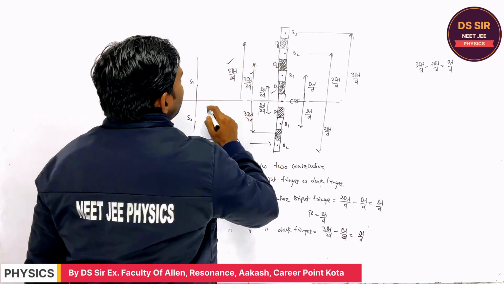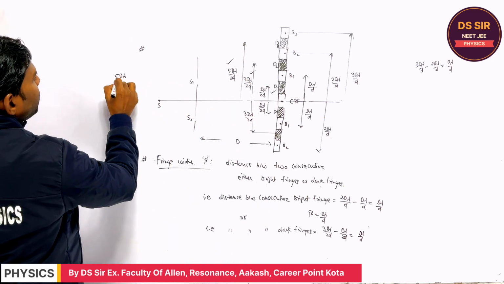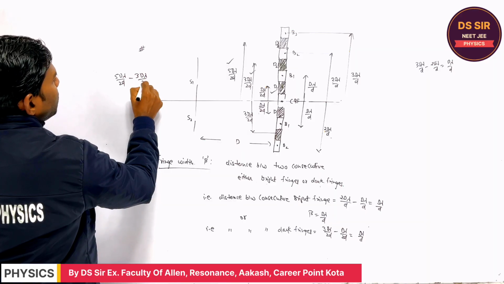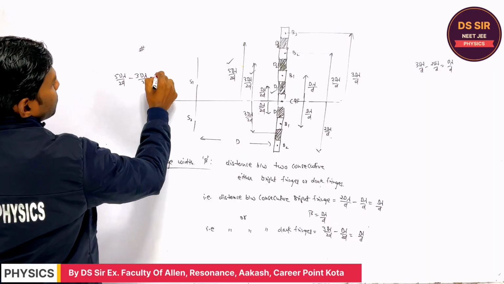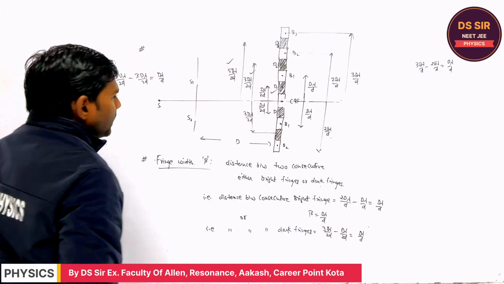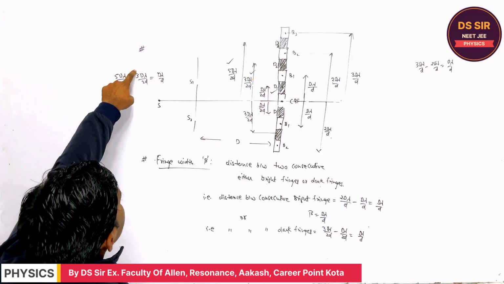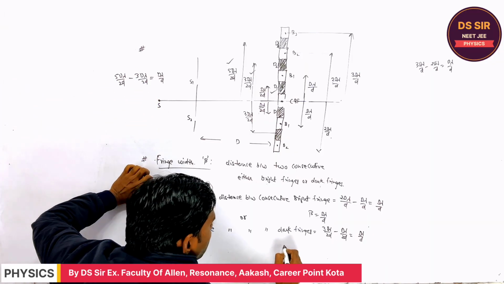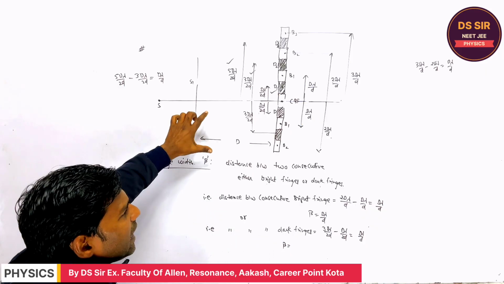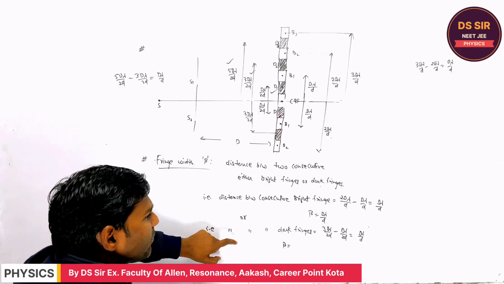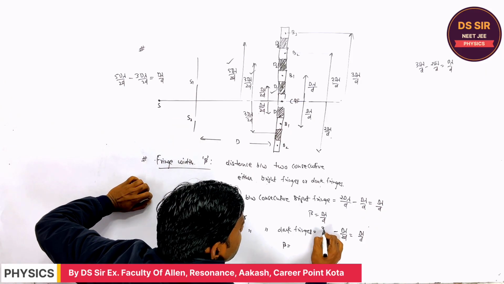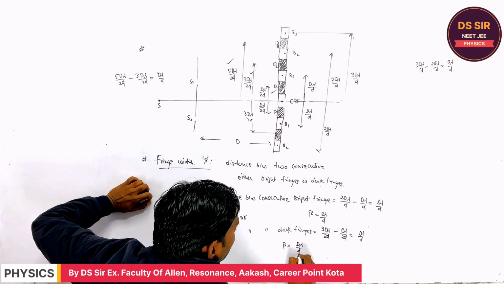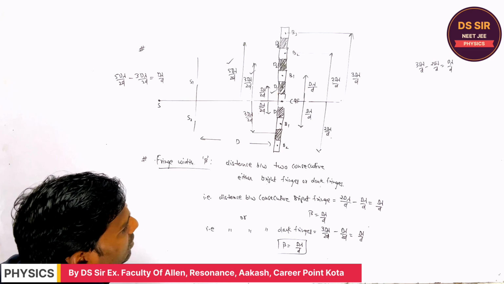Even 5d lambda over 2d minus 3d lambda over 2d, 5 minus 3 is 2, and 2 divided by 2 is equal to d lambda over d. Either you find the fringe width with the help of bright fringes or dark fringes, you will always get d lambda over d. Is it clear or not?